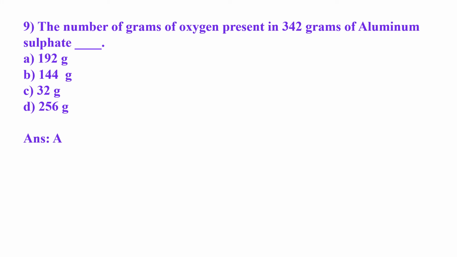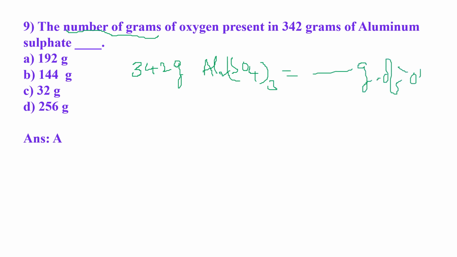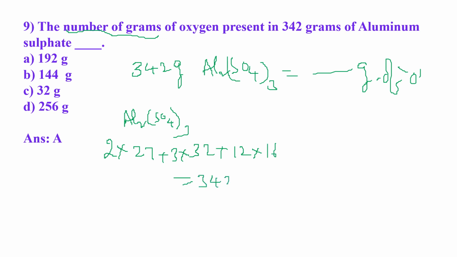Our next question. The number of grams of oxygen present in 342 grams of aluminium sulphate, Al2(SO4)3, how many grams of oxygen does it contain? Generally, the molecular weight of aluminium sulphate, as we just saw, is 2 into 27 plus 3 into 32 plus 4 threes are 12 into 16, which is 342 grams.